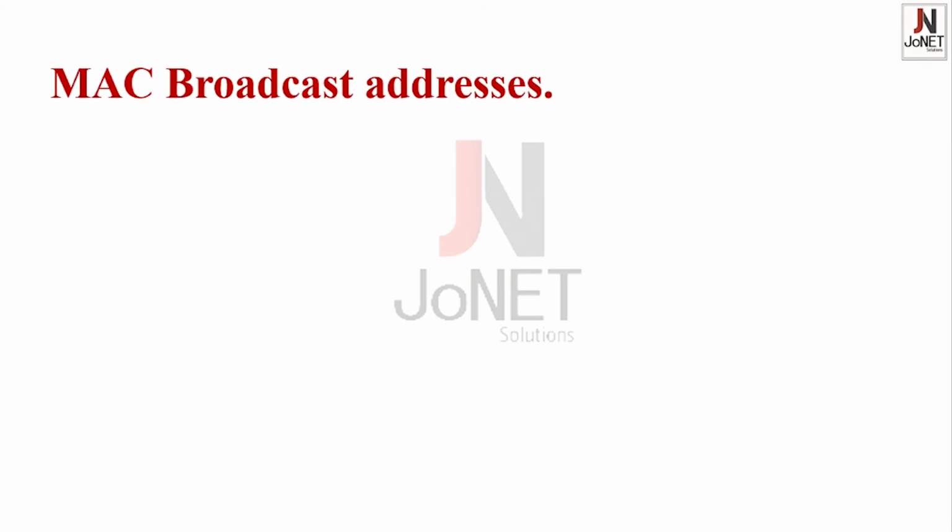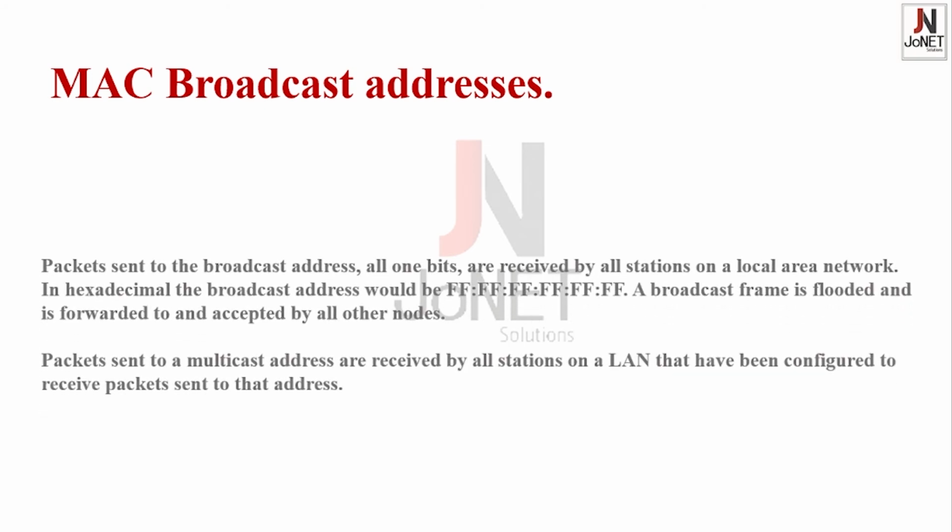Now the MAC address broadcast address. Whenever we cannot find the neighbor's MAC address, then we should use this broadcast address to find out the neighbor or peer device's MAC address. The packet sent to the broadcast address is received by all the stations of the local area network.